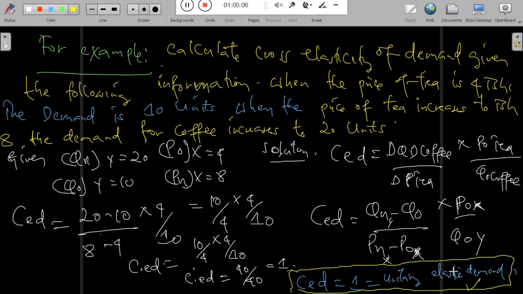So we actually term it as unitary elastic demand. So that is how we calculate the cross elasticity of demand.